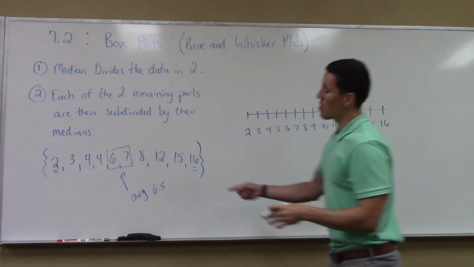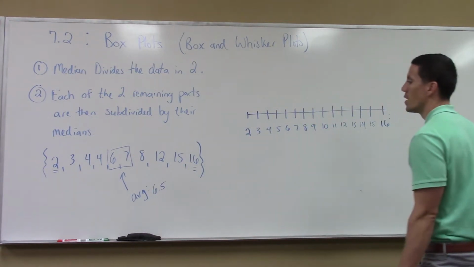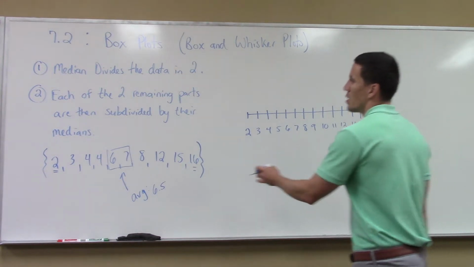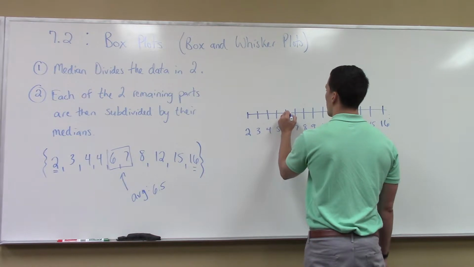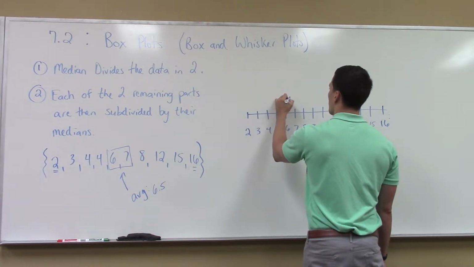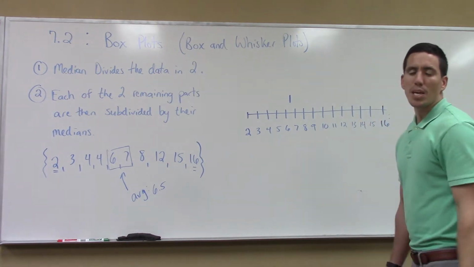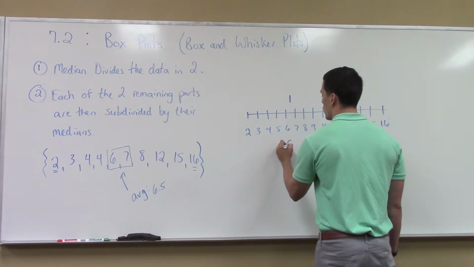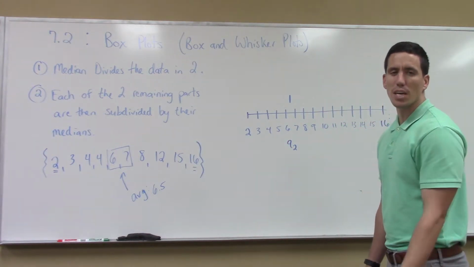That would take forever if these numbers were much larger, but in our case, it's simple enough that I can do that. So the first thing that I'm going to plot is the median, which divides my data into two parts. So here's 6.5. I'm going to go up and make a vertical line representing my median. In the book, this is also going to be the middle quartile, which they often call Q2. You'll see why in a second.